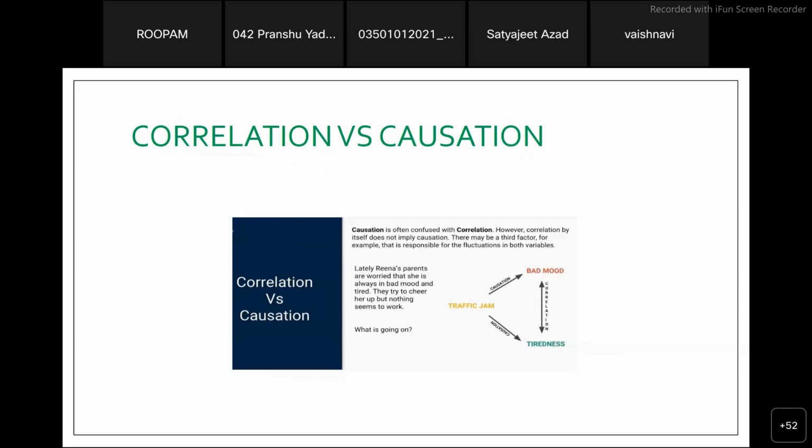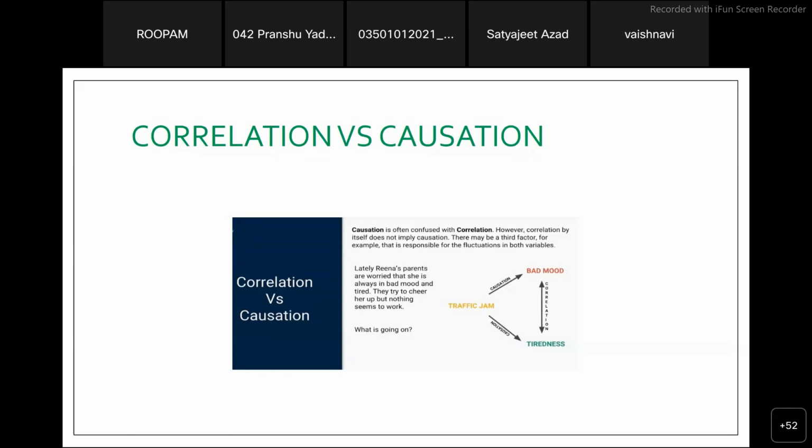So the intervention of this third variable is very important to check the causation part, which people lack. That is why people say correlation is causation, because they don't see the hidden part, the latent variable, the missing one.